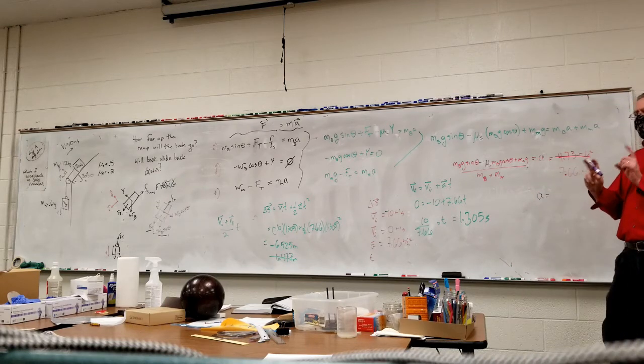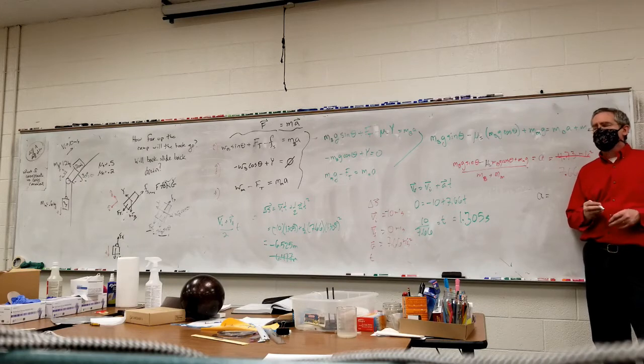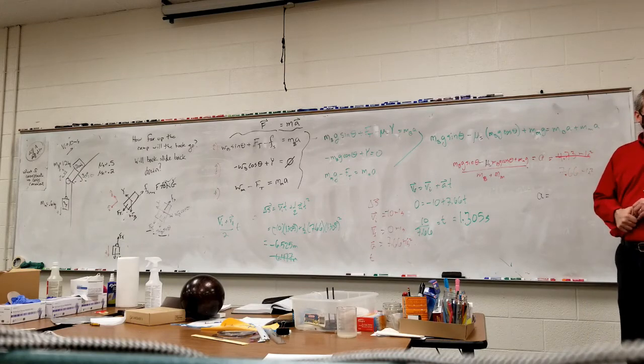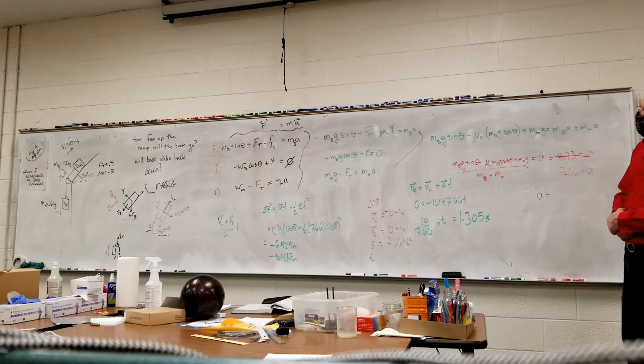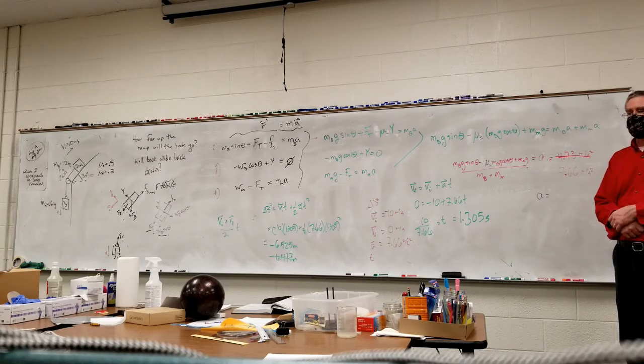So if it stays, what should I expect the answer to be? Exactly 0.5? No. That 0.5 is a coefficient. 0.5 is not friction itself. A common mistake.